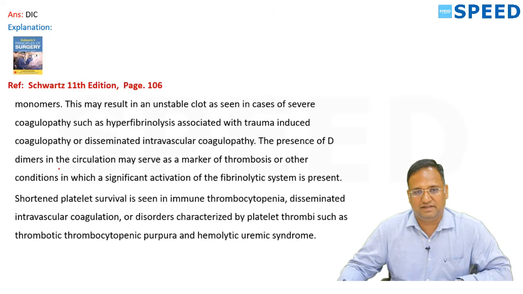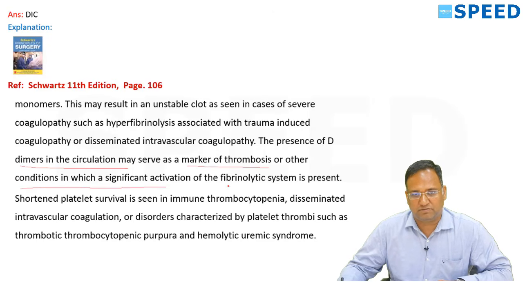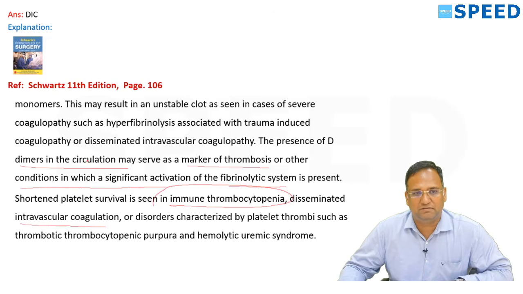High D-dimer in the circulation may serve as a marker of thrombosis, or of a condition with significant activation of the fibrinolytic system. Shortened platelet survival, thrombocytopenia, immune thrombocytopenia, DIC, or disorders characterized by platelet thrombi such as thrombotic thrombocytopenic purpura or hemolytic uremic syndrome. So this is a typical feature of DIC.